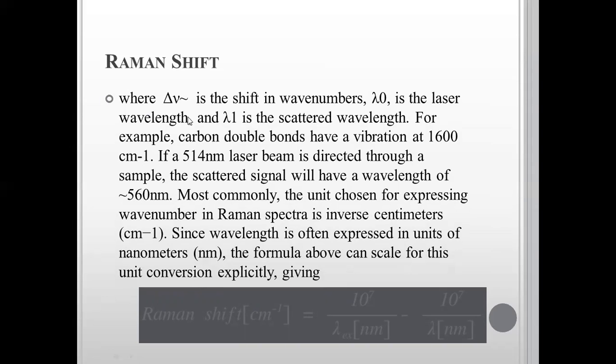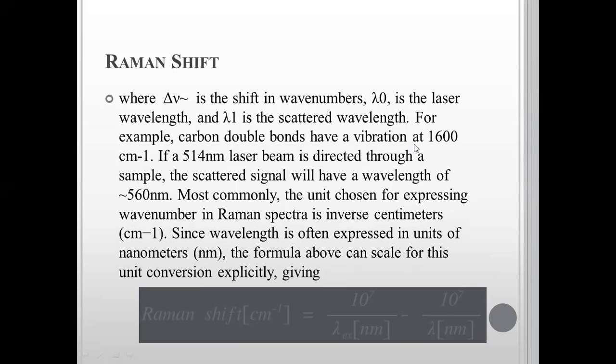where delta v bar is the shift in wave numbers, lambda 0 is the laser wavelength, and lambda 1 is the scattered wavelength. For example, carbon double bonds have a vibration at 1600 inverse centimeter. If a 514 nanometer laser beam is directed to a sample, the scattered signal will have a wavelength of 560 nanometer.